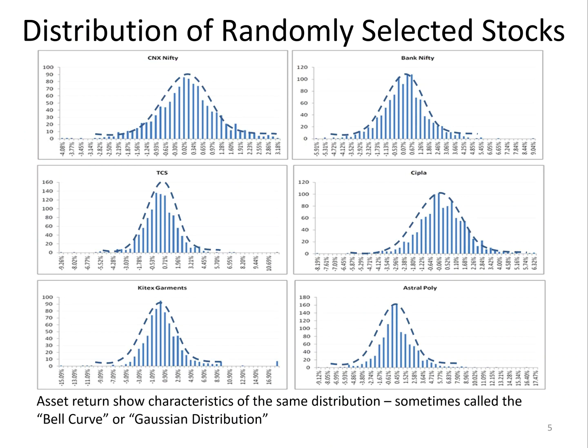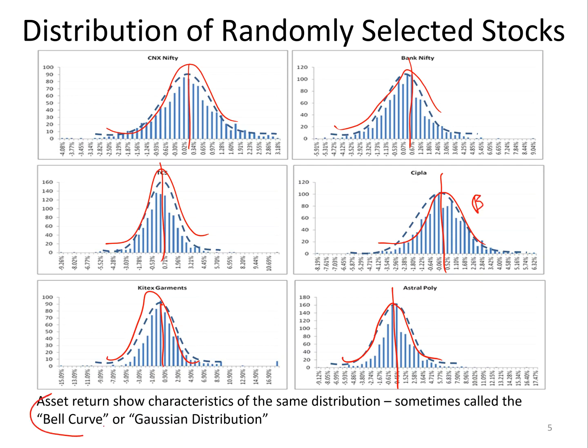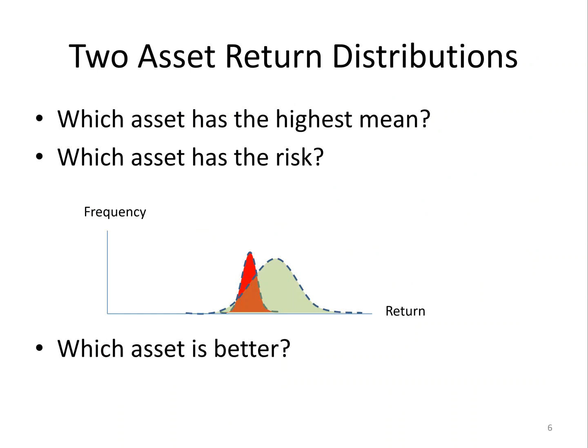Now here's a collection of randomly selected stocks, and what you see also is that there seem to be central tendencies around expected return or historical returns, and a certain distribution around those returns. Again, there seems to be some kind of normal distribution of events. Now asset returns have shown what we call the bell-shaped curve, also called the Gaussian distribution.